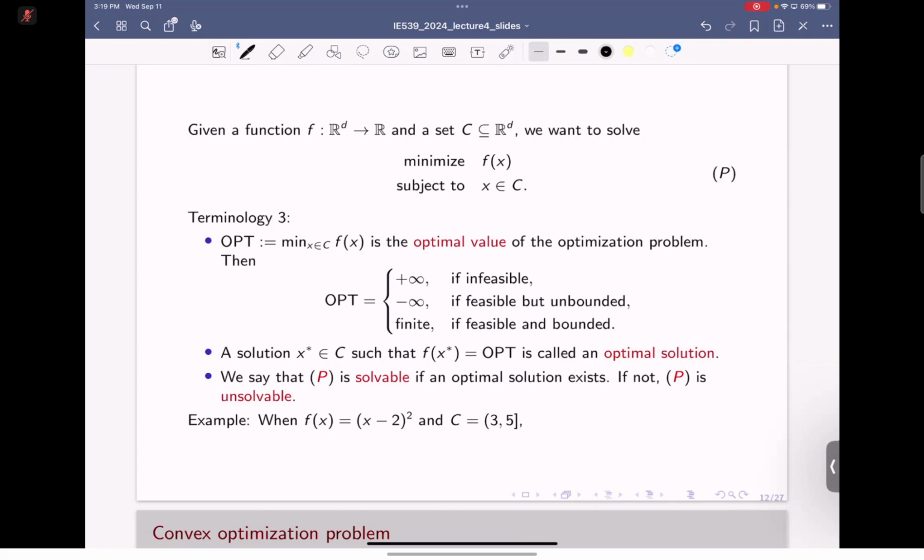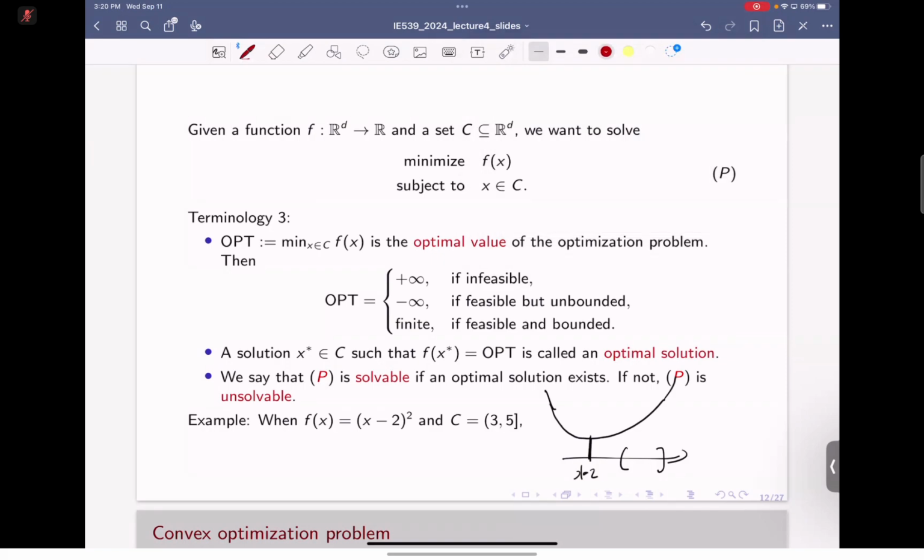Well, you draw this picture. This is a quadratic function, a parabola, where the minimum point is x equals 2. And what I take as the set C is open at x equals 3.